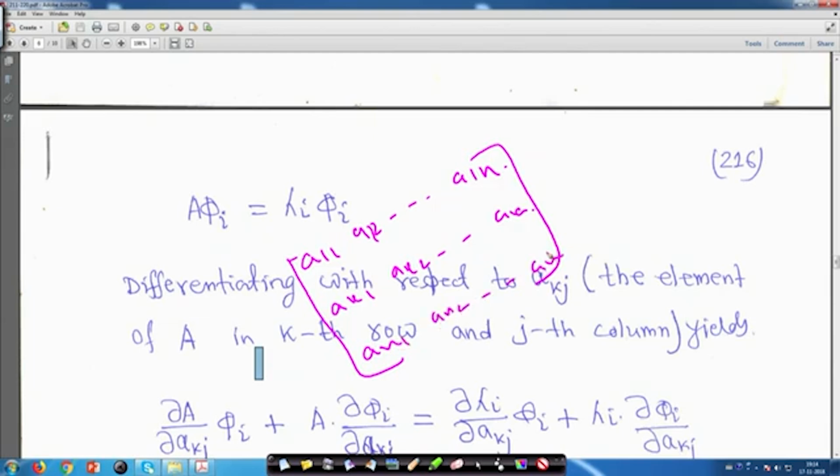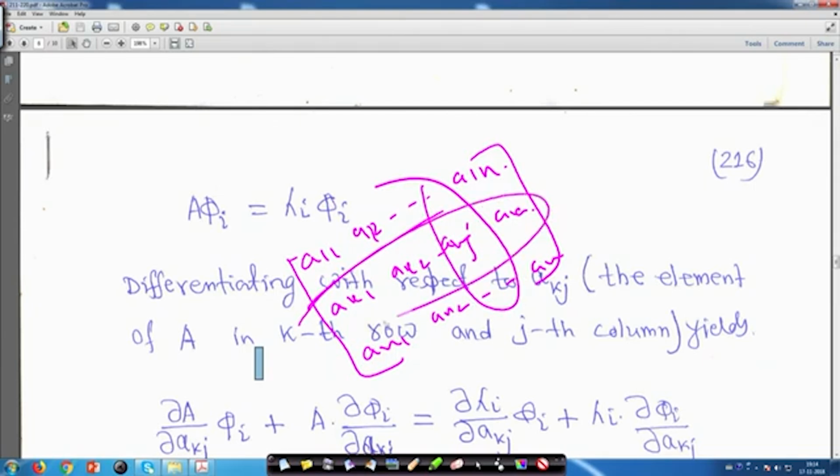Somewhere in the kth row and jth column is the element a k j.